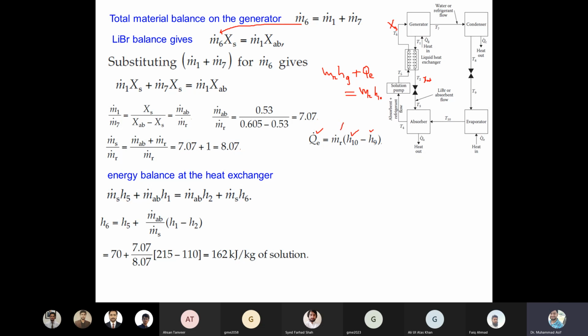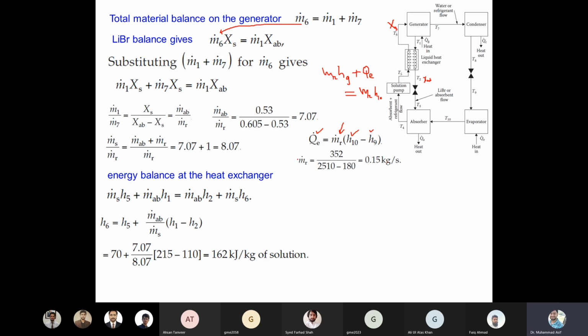Then we can calculate the mass flow rate of the refrigerant. We are given 352 kilowatt as the cooling capacity, and we have H10 and H9. So from here we can calculate the mass flow rate of the refrigerant, which is the mass flow rate of the water vapors, that's about 0.15 kg per second.